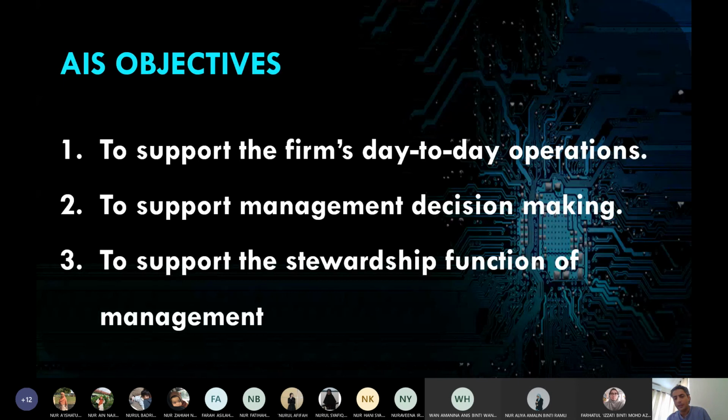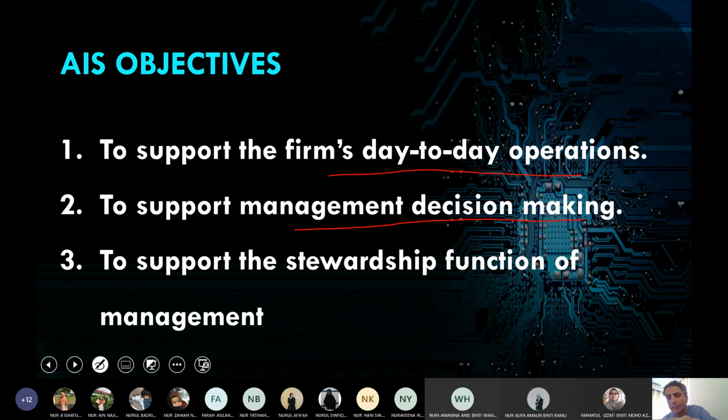Here, if you notice with me, the day-to-day operation, which is the first, and the second objective are internally serving the internal users, isn't it? Because day-to-day operations is the bottom level, and the second, management decision making, is in the middle and the upper level of the top management, whereas supporting the stewardship function of management is mainly for the external users.